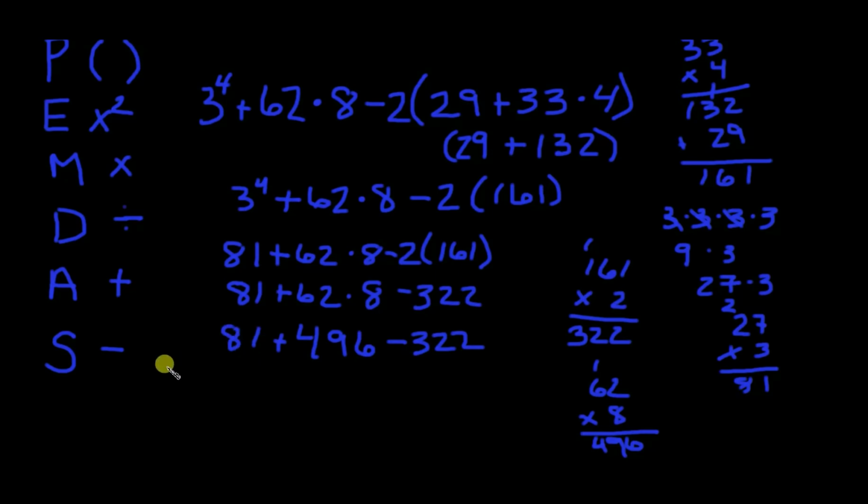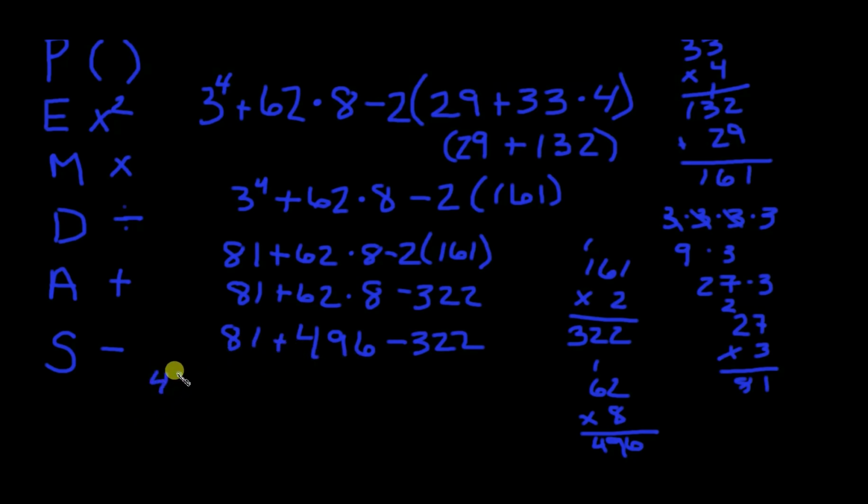And now, since it shows we can do the addition or subtraction, what I like to do is go left to right, because this is the way you read a graph and it's the way you read a book. I just like to stay consistent. So we're going to take the 81 and the 496 and we're going to add them.